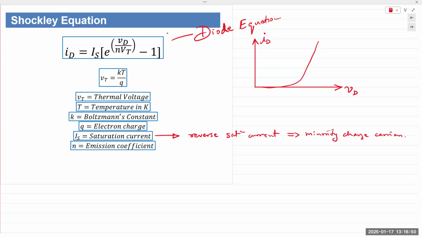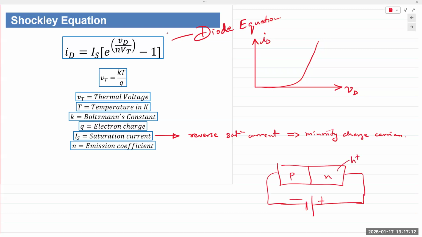Majority carriers are pulled away from the junction, right? P, n-type material, negative, positive. Here you have holes as the minority carrier. Here you have electrons as the minority carrier.